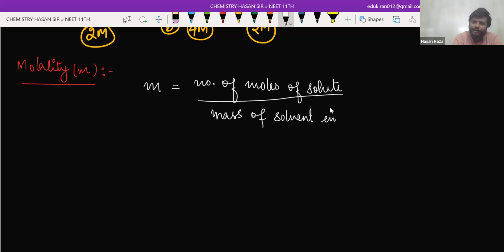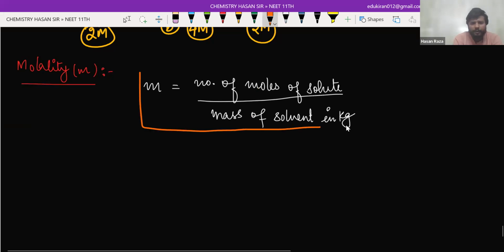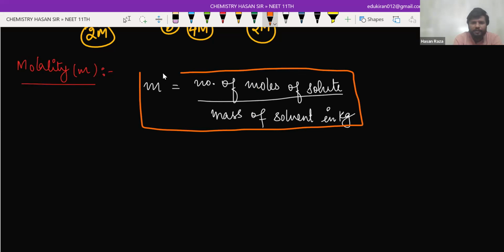You know what is solute and what is solvent, right? And this is the only concentration term in which you use solvent in the denominator. So I'm going to directly give the question. You already have studied this, right?